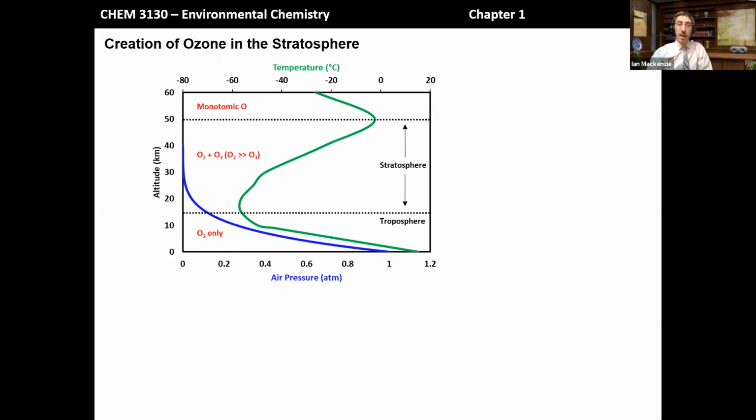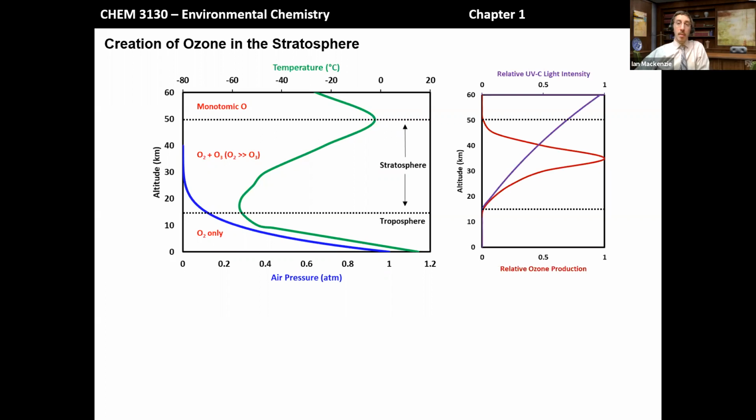Now, where does this come from? How do we work through this? Well, another figure that might be helpful is a plot of the relative UVC light intensity as we go above the stratosphere and down through the stratosphere. What you'll notice is that above the stratosphere, we have a high relative amount of UVC light, but then in the stratosphere, a lot of that light is getting filtered out, so that by the time we get to the bottom of the stratosphere, essentially all of the UVC light has been filtered from the atmosphere.